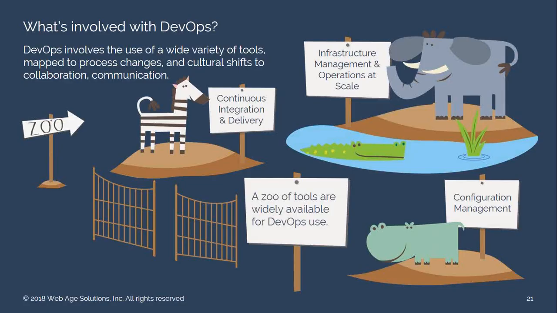So the next thing we're going to dive into is this notion of DevOps demystified. So what's involved with DevOps? Here we're moving into a little bit more of a menagerie or a zoo metaphor. And why is that? Because for each area of DevOps, there's literally an explosion of tools available.